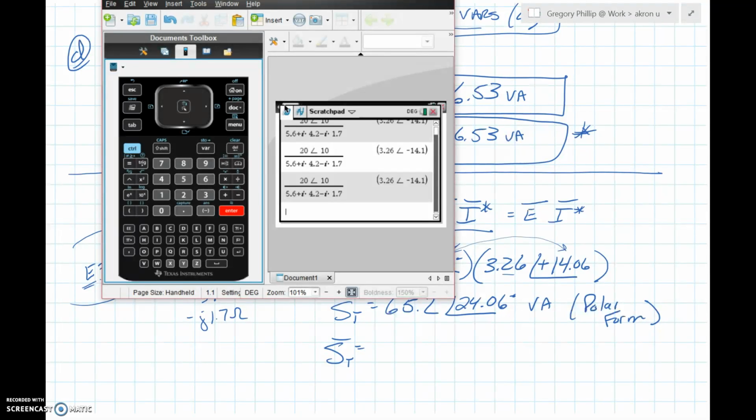So I have 65.2 angle 24.06 in parentheses.